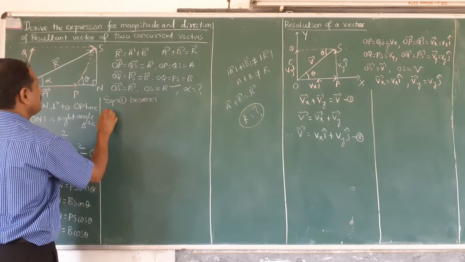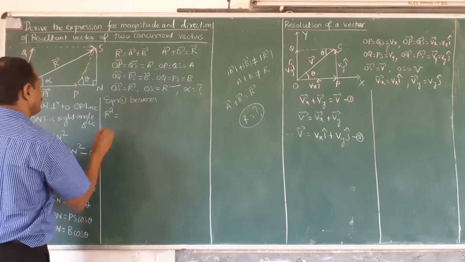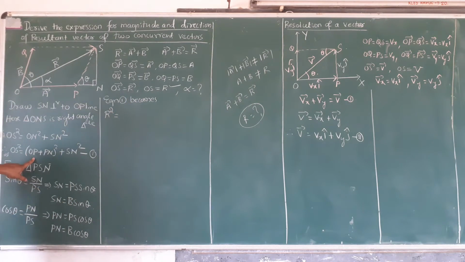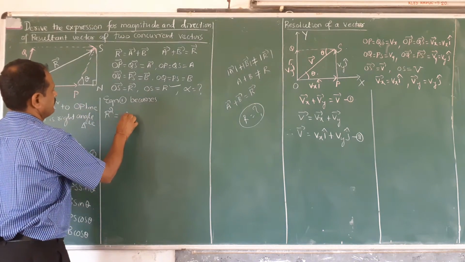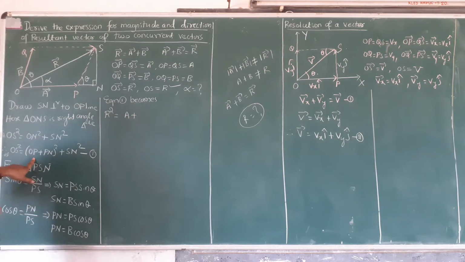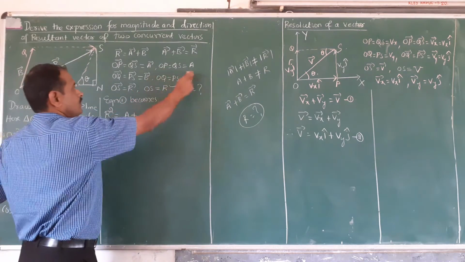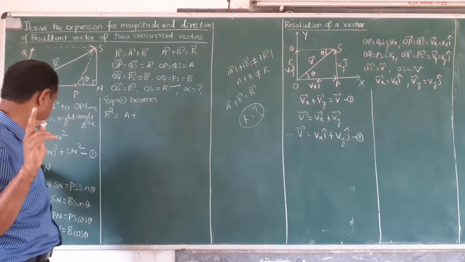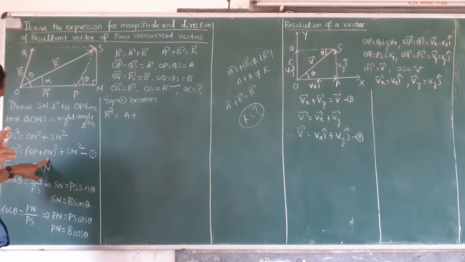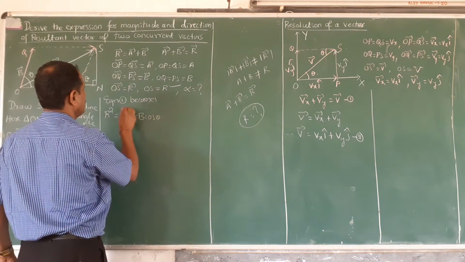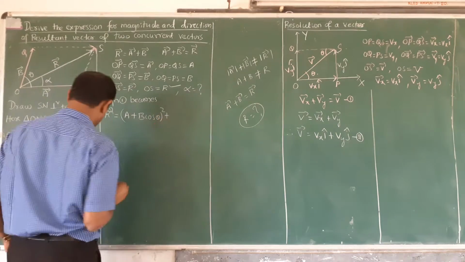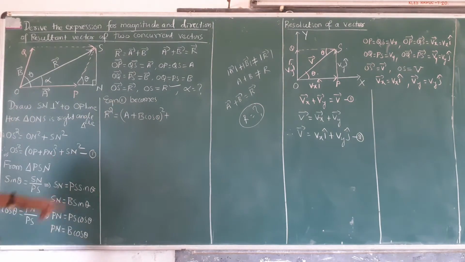OS is represented by R square is equal to OP is A plus, it's only magnitude I have to take, magnitude. Yes, PN is B cos theta whole square plus SN square.